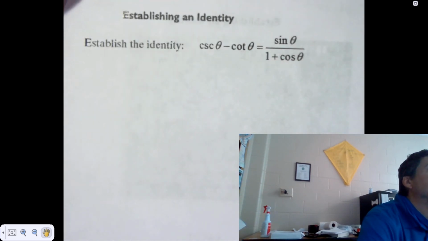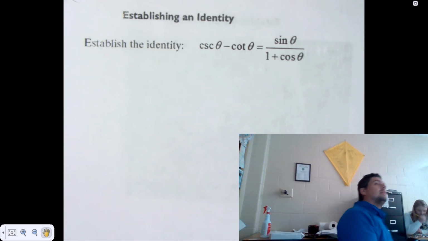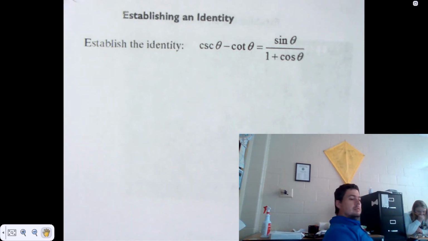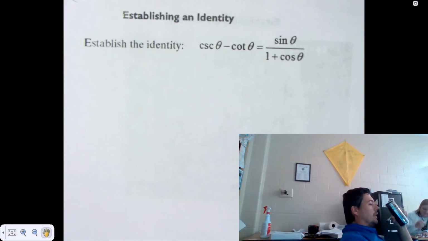All right, here's another one. Prove that cosecant of theta minus cotangent of theta is sine of theta divided by 1 plus the cosine of theta. Give me an idea. If it's wrong, we'll start over.